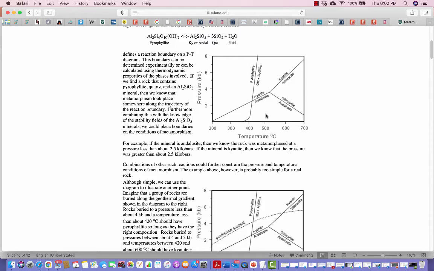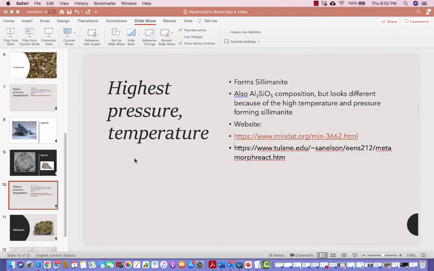So high pressure there. There's the andalusite. There's the kyanite, still kind of on the lower temperature, but definitely higher pressure side. And here is sillimanite. That's in very high temperatures, almost high enough that it could melt that rock, but it doesn't, because remember, if it did, it would become an igneous rock.